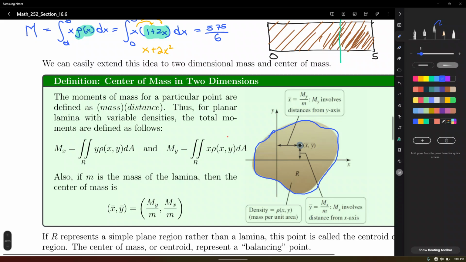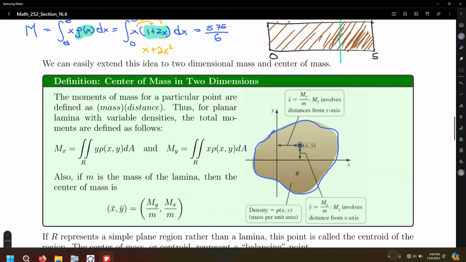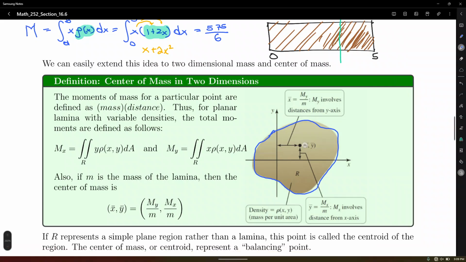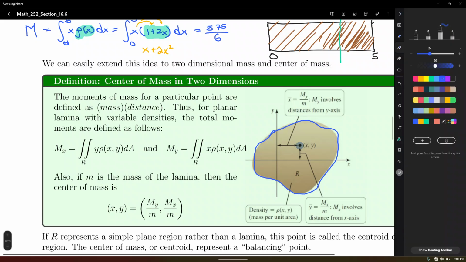So the thing here is this center of mass right there with coordinates x bar, y bar. So when we look at the x coordinate of the center of mass, that's this distance here.